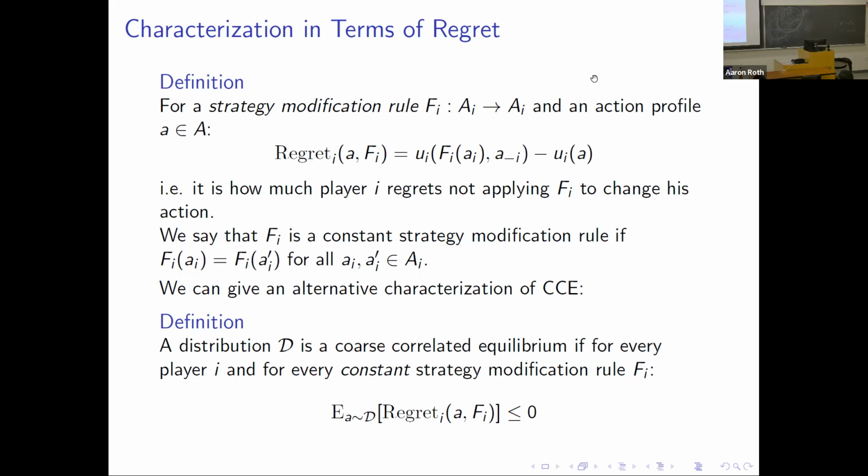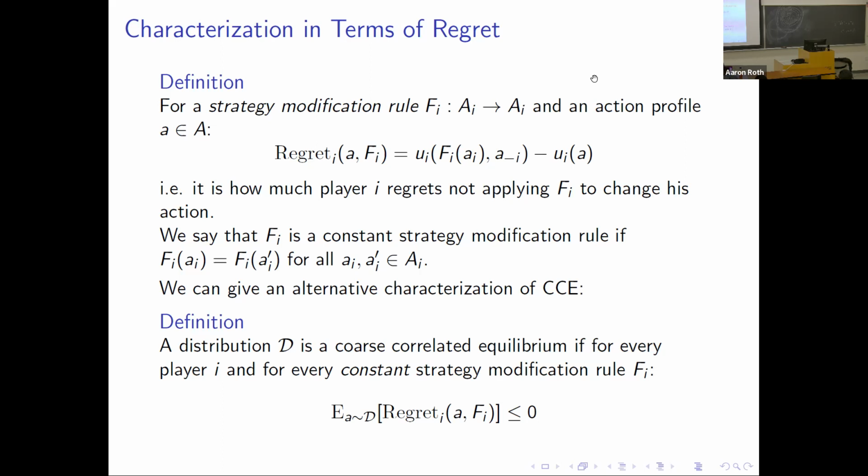Now, a constant strategy modification rule is just sort of an obfuscated way of saying you don't have any regret to the best fixed action. It's just saying, look, in expectation, you're better off following the correlating device than always playing action 1.